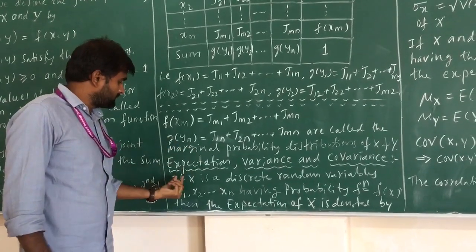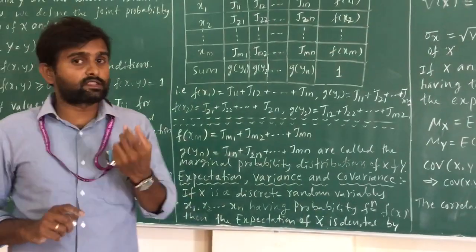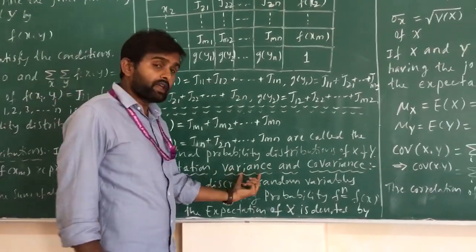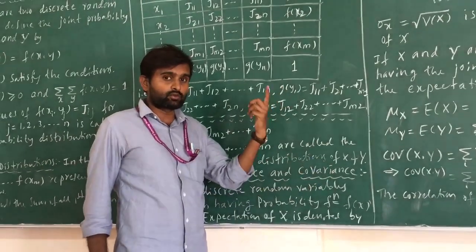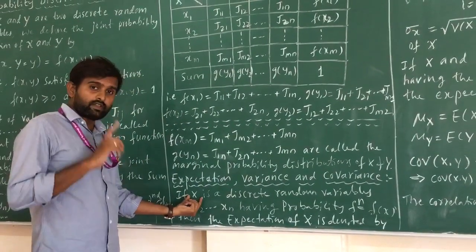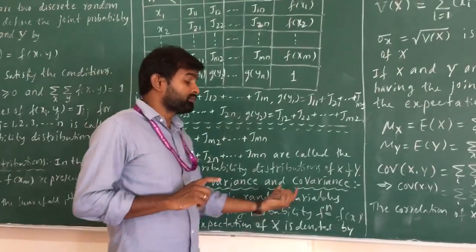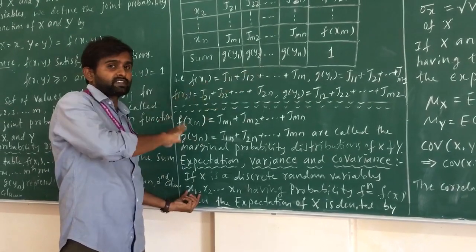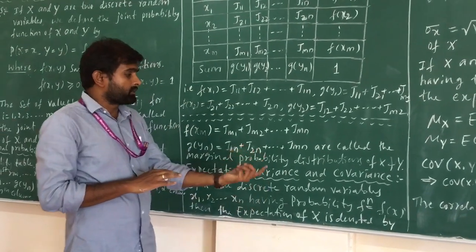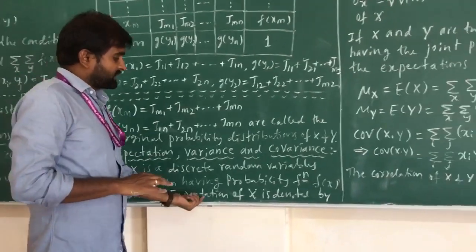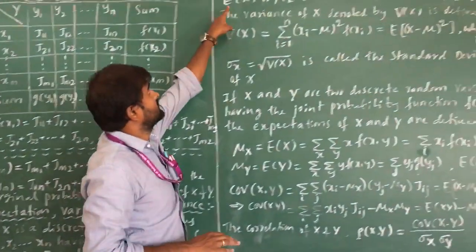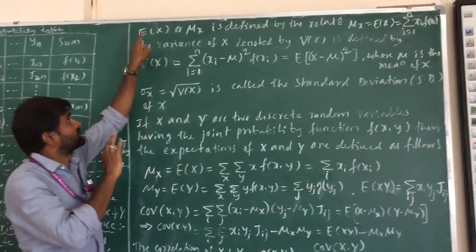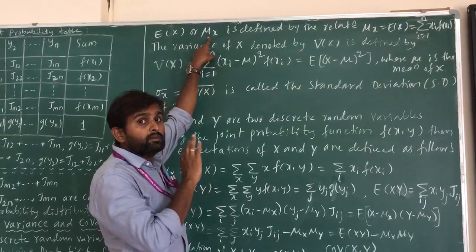Here, if you have only a single variable x, how do we write the expectation, variance, covariance and correlation? If x is a discrete random variable, as we already know from the third module, with values x1, x2 up to xn and probability function f of x, then the expectation of x is denoted by capital E of x, or mu x.